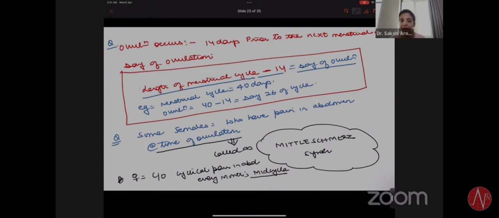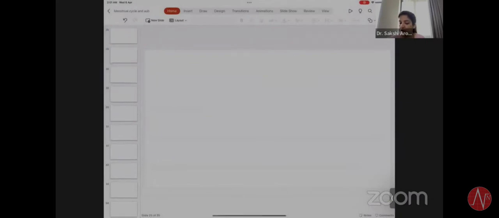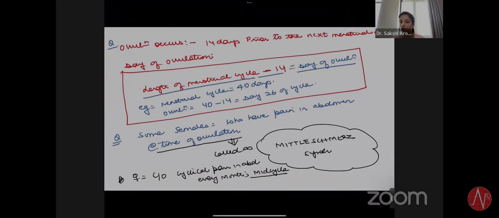Clear? Now, let me ask you one more question, which is just an application-based question. Let me see how many of you can answer it. Yes, pain is happening at the time of ovulation, and this is called Mittelschmerz syndrome. Nothing else.